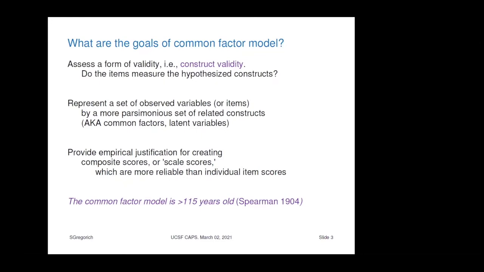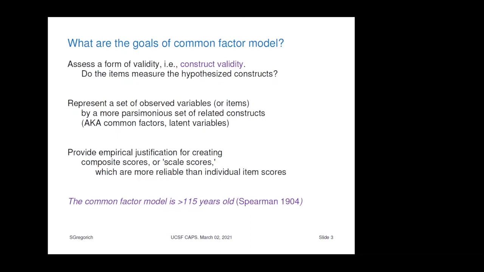Well, they're wrong. Some of the strongest evidence that you can have for validity is a well-fitting factor analysis model that corresponds to your hypotheses. So it's actually a very strong form of validity assessment.